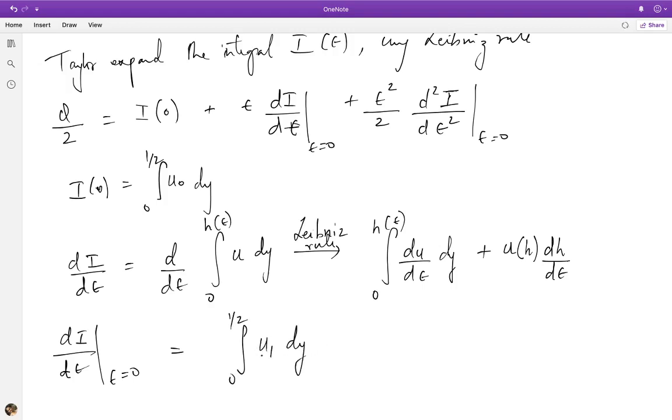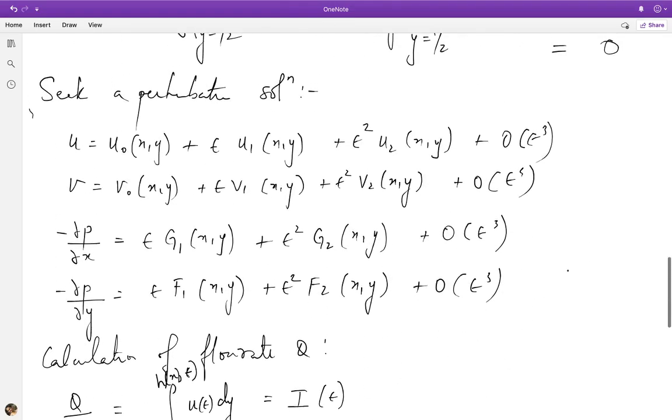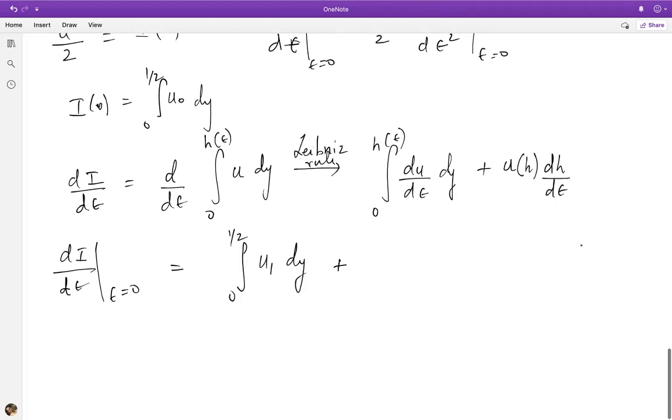So it's the integral from 0 to half of the first order correction to the domain field u, but I have a correction coming from the walls. And that will be, now this can be expanded as a power series, but so can this term. So what I will get is just, but first let's write this out. dh by d epsilon, remember, is just sine 2 pi x by 2.